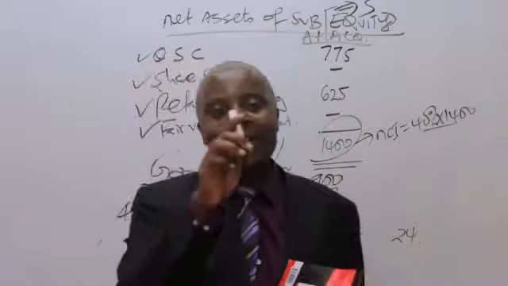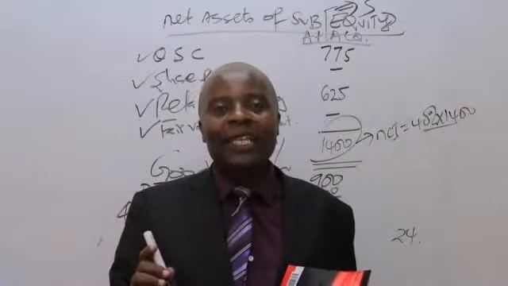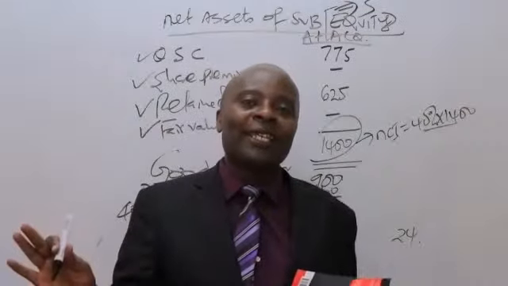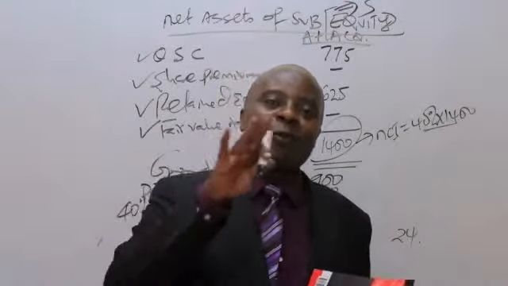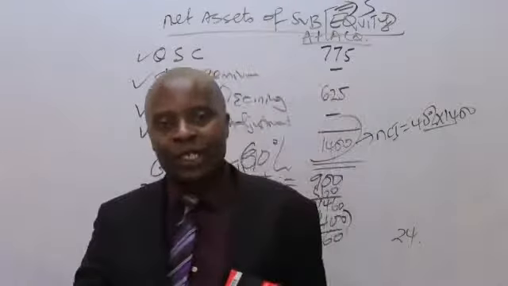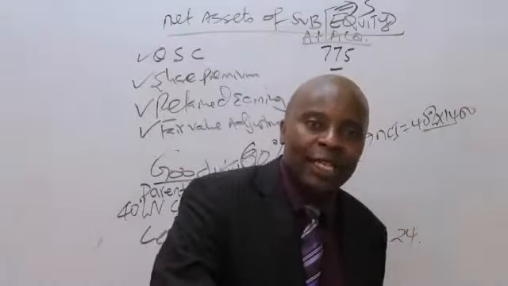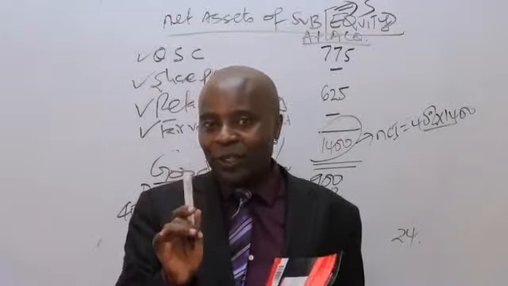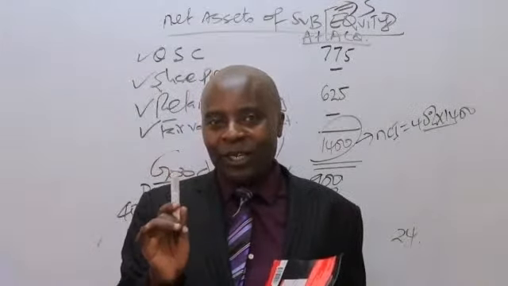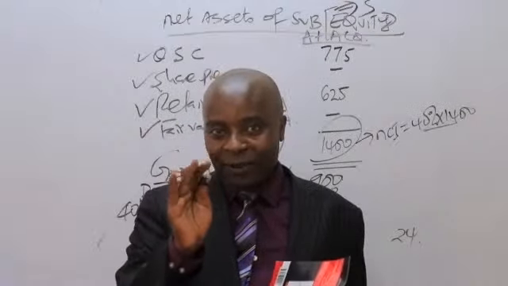I had 60%, I sell 30%, I'm left with 30%, which is an associate. So I'm moving from subsidiary to an associate. That is what we call movement from control to no control. For that, you need goodwill for the purpose of getting the gain or loss on disposal of your subsidiary.